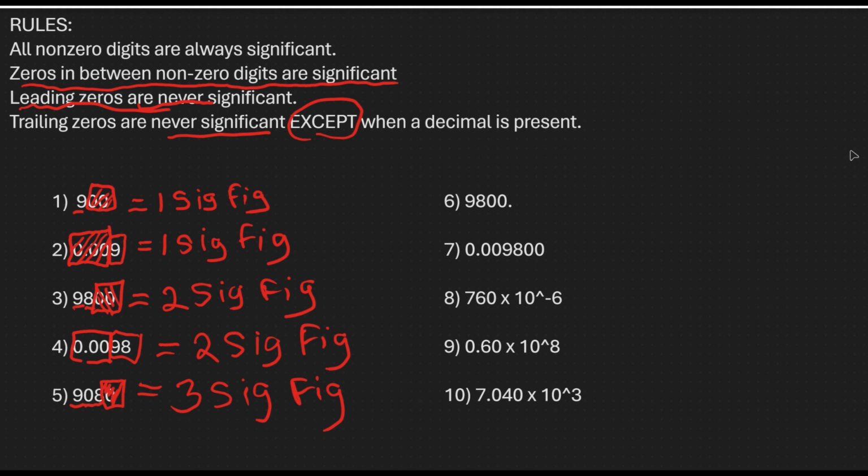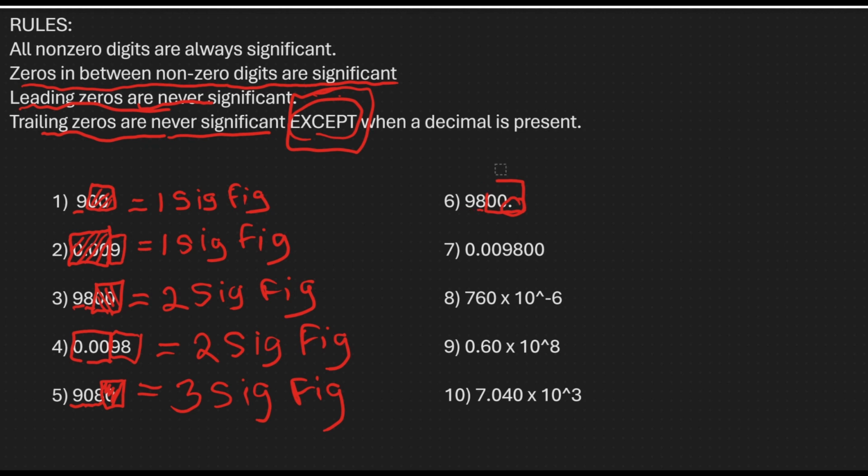Example number 6, we have the number 9,800. We know that the 9 is significant, so is the 8. We have two trailing zeros, and we also have a decimal. Rule number 4 states trailing zeros are never significant except when a decimal is present.